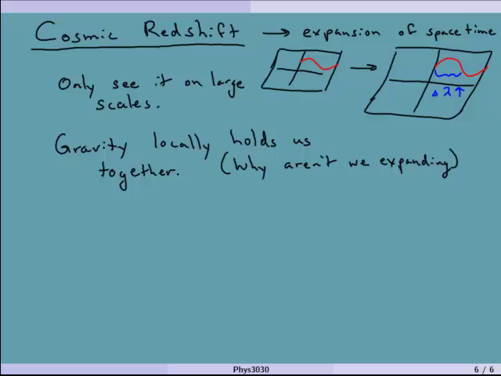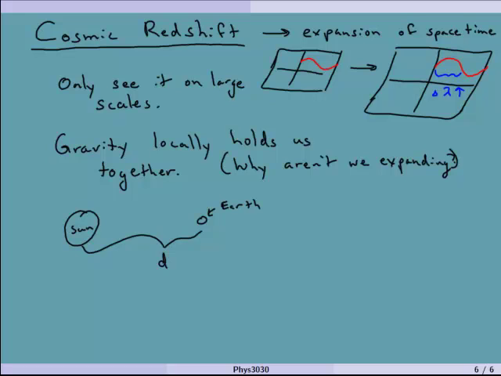And the answer is that gravity, the gravity of us, the stuff that is with us and in us, it all attracts each other. And because it attracts each other, it's not expanding, right? That's why the sun and the earth, they don't move apart from each other. I mean, they oscillate a little bit, but the average distance doesn't really change very much, at least not due to this expansion.